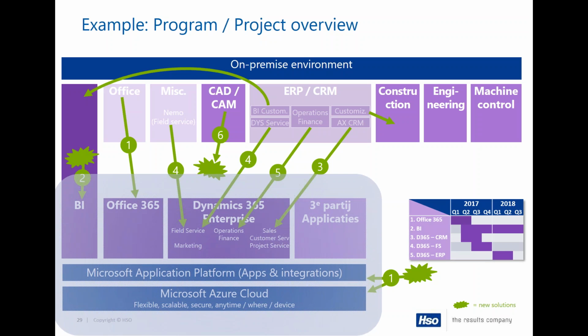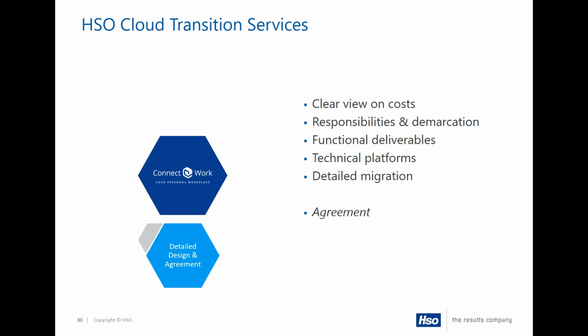And we as HSO, and I think that's important again, are responsible and accountable for this application landscape, for integrated support, for integrated solutions. And let's walk through the other steps very briefly.